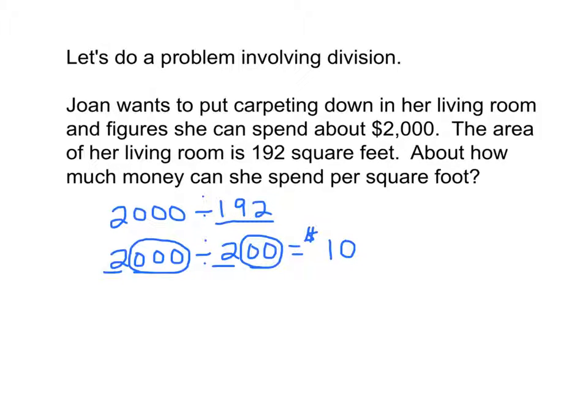Notice that in this particular problem, I decided to round off 192 to the nearest 100, not to the nearest 10. If I had rounded off that 192 to 190, and if I had tried to divide 2,000 divided by 190 quickly in my head, that's not something that I would be able to do.